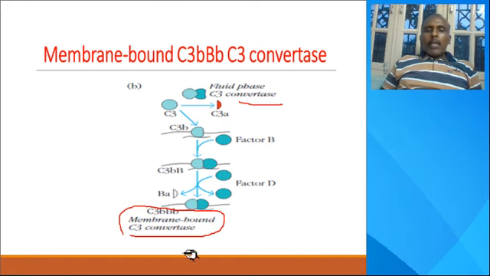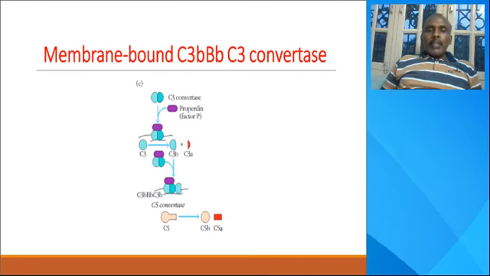It is predominant when compared to the fluid phase C3 convertase. In 5 minutes it easily converts C3 molecules into C3a and C3b, about 2 into 10 to the power of 6 molecules. Here the C3 convertase is stabilized by the attachment of properdin.